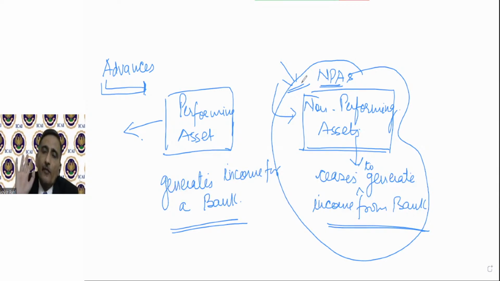You should understand the funda of NPA: it stops generating income for the bank. That advance, that loan, of any type, stops generating income for the bank. When it stops generating income for a bank, then it becomes a non-performing asset because it is not performing the function for which it was given.